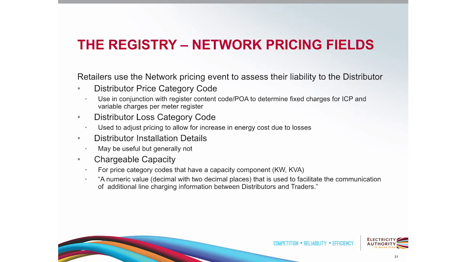So the key one here, of course, being the price category code. And the price category code combined with the register content codes is the key thing that is used to identify your tariffs. All right? And retailers have got mapping tables and so forth to try and make all this right, because they don't have the money to spend on thousands and thousands of individual people looking it up.